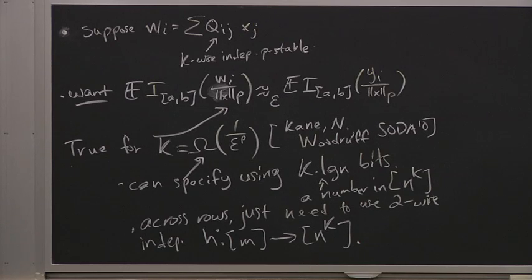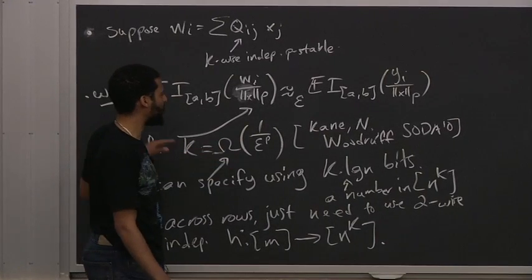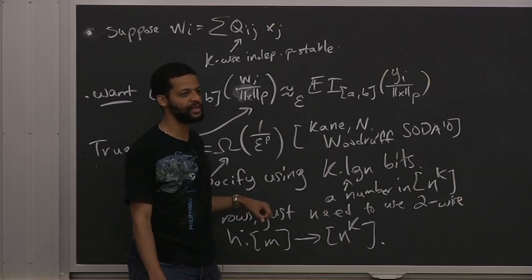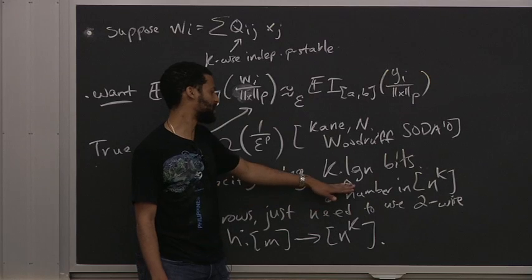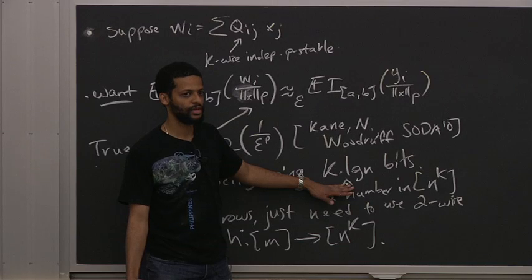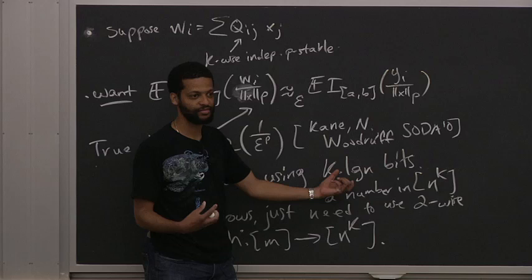Okay. So ignoring the p-stable issue for a second, just imagine that this is a matrix of random bits. What I'm saying is each row of that matrix can just be k-wise independent, and we know how to generate k-wise independent random bits, n of them. It takes k log n bits for your hash function. So the description of the hash function is a k log n bit number.